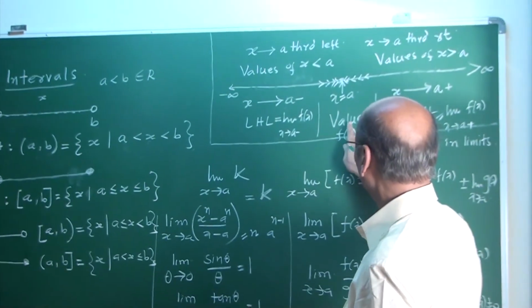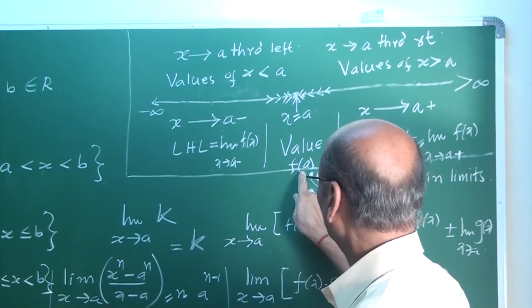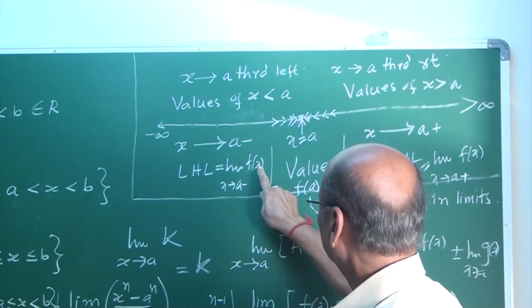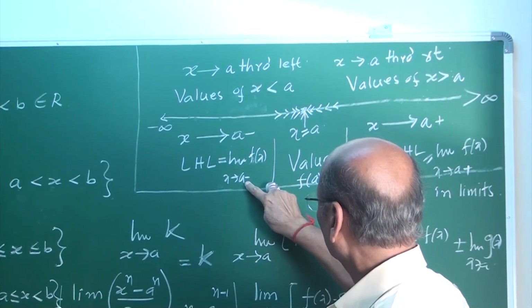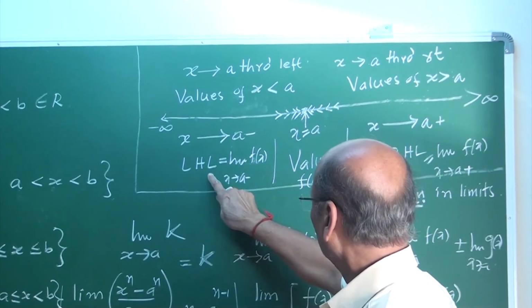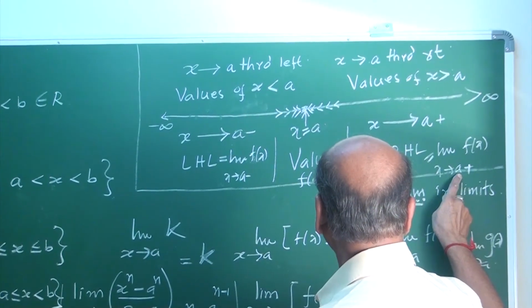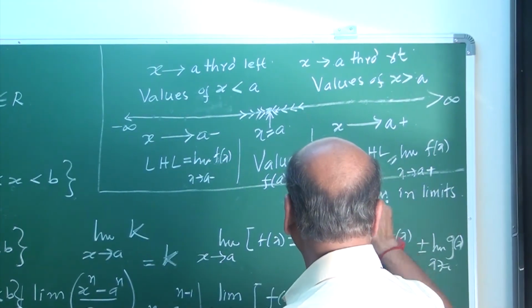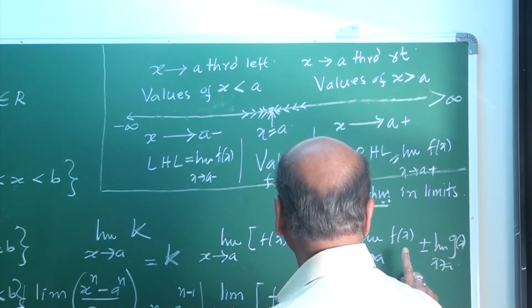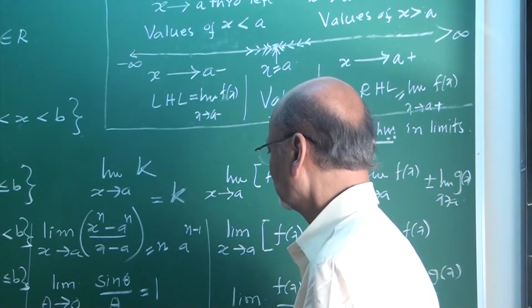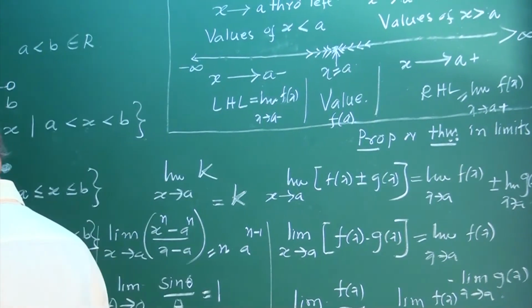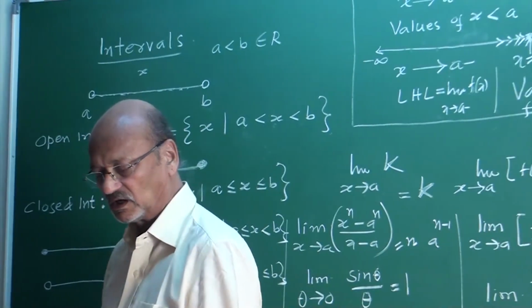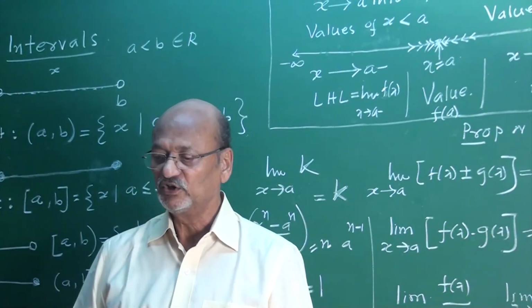This is the value of the function at x equal to a, f of a. This is the limit of f(x) as x tends to a. This is through the left hand limit. Through the right, where the value is greater, is the right hand limit. If LHL equals RHL, the limit of f(x) as x tends to a exists. Now I will come to continuity of the function.